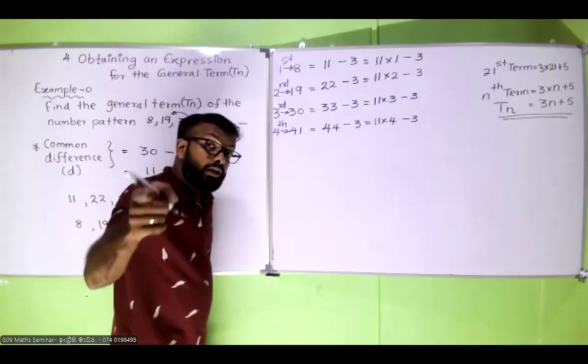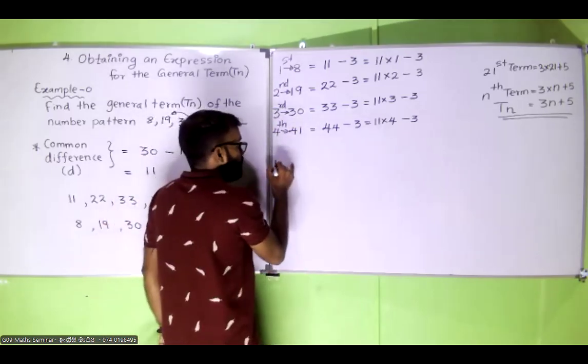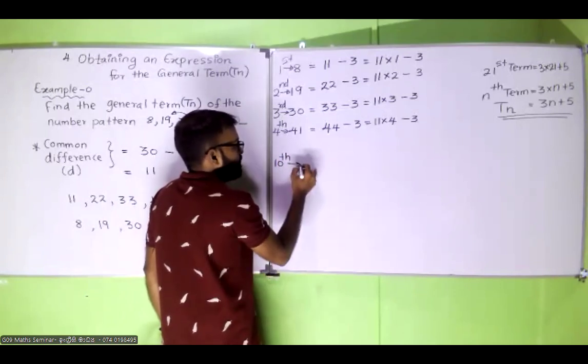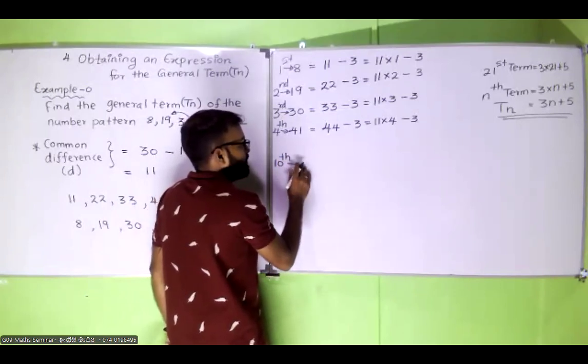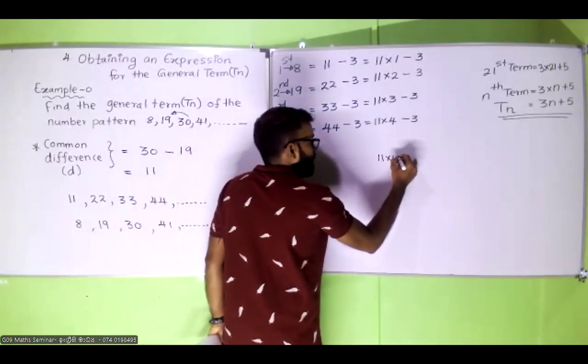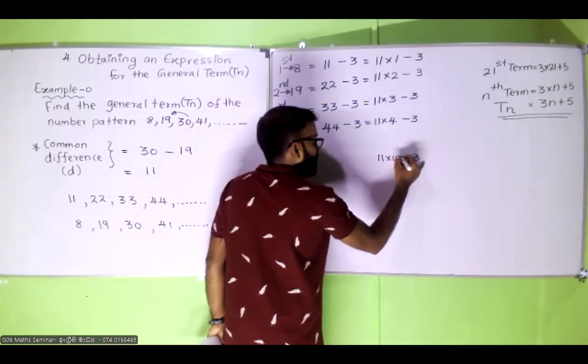If you want to obtain the 10th term, how are you going to obtain it? 11 times 10 minus 3.